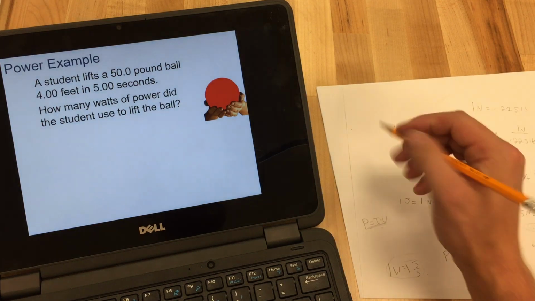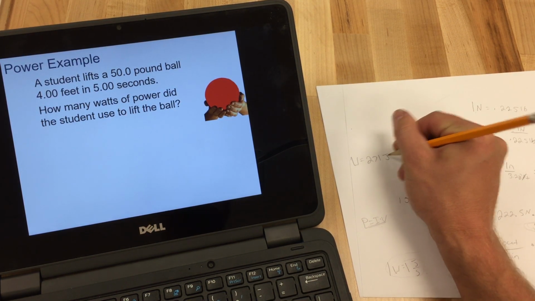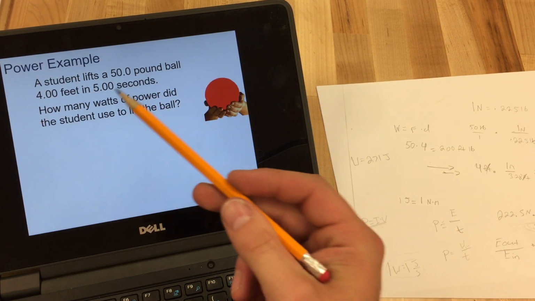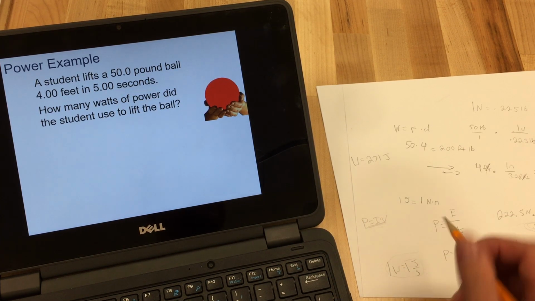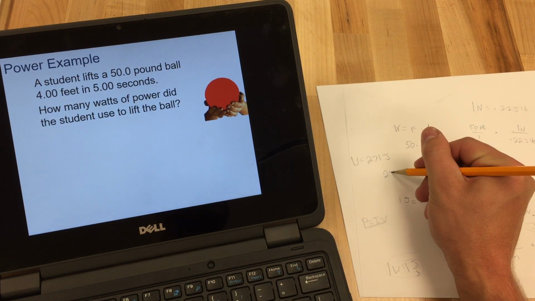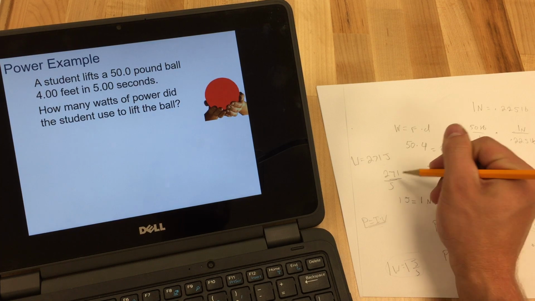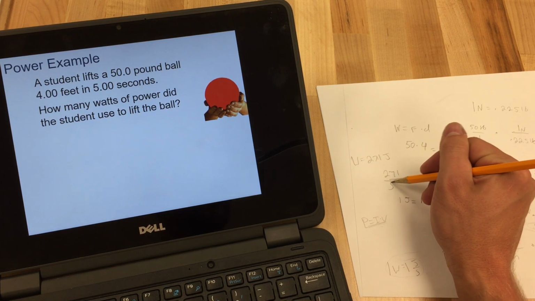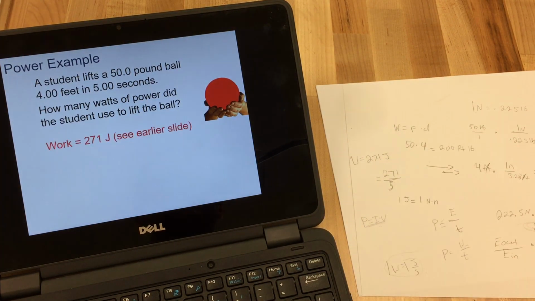So the work equals 271 joules. We have some other information though: 5 seconds. How do we figure out joules per second? 271 divided by 5, because that's how much work was done in 5 seconds, and that should give us the amount of watts.